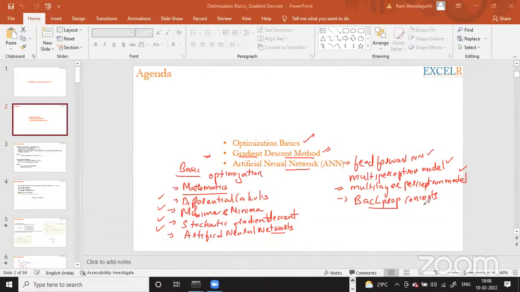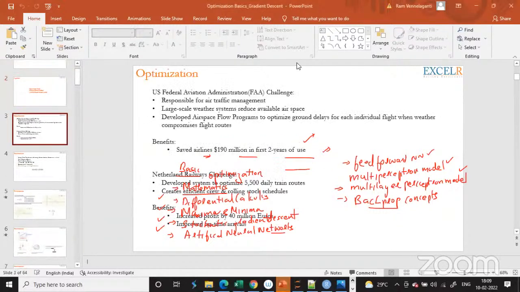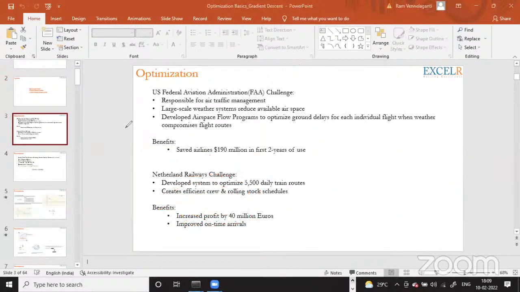Now, let us start with some basic concepts. What do you mean by optimization? So some examples are there here for optimization, based on which we can understand the logic. What do you mean by the concept called optimization?